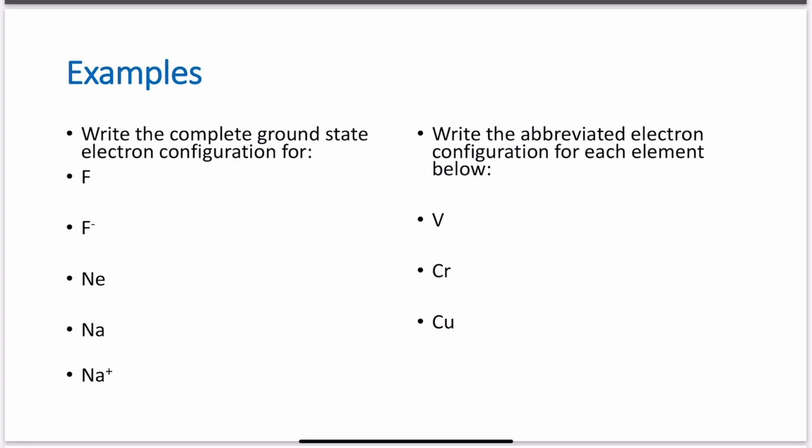I look at fluorine and I see that I've got 1s2, 2s2, 2p5. This is my core. This is my valence. So again, your valence electrons are your outermost shell.